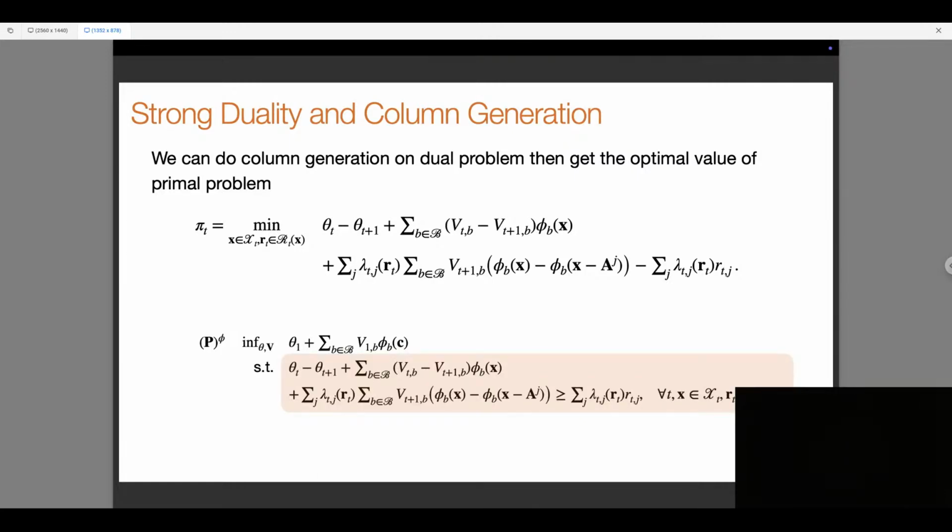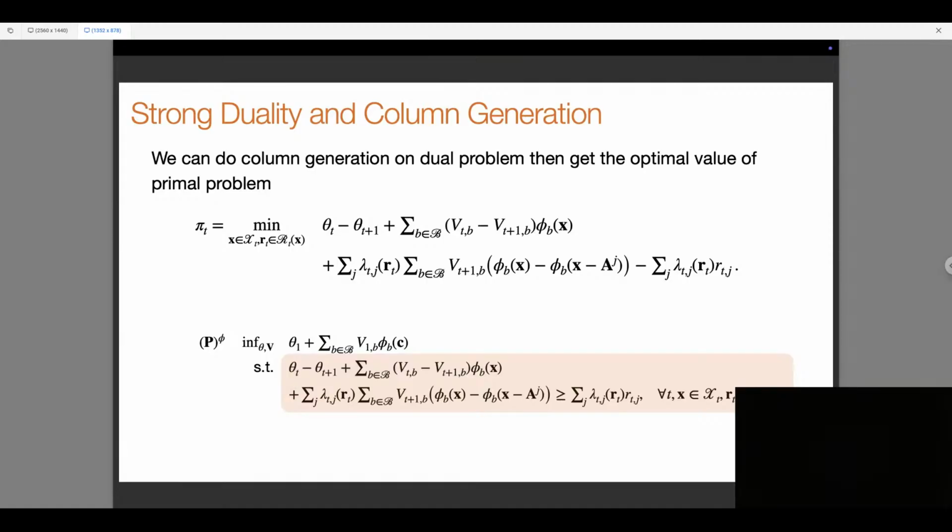Some may wonder why, in our brief introduction for column generation, we were trying to maximize the violation, and now we're trying to minimize the negative of that.